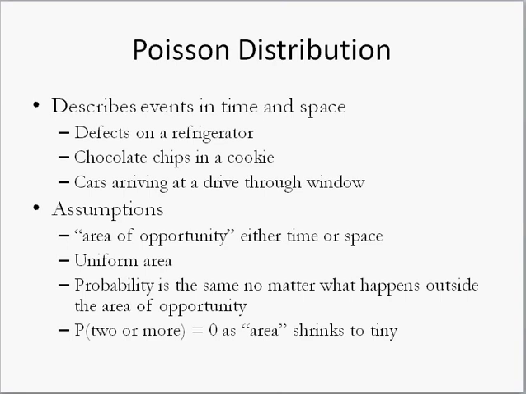If you had a refrigerator that was moving through a manufacturing process, if the opportunity to get dented increased linearly with the surface area of the fridge, it would be a Poisson distribution. So every square inch of fridge is a chance for it to catch a dent on its way through. The Poisson distribution is important because there are many situations in business where we're looking at events over time or space.